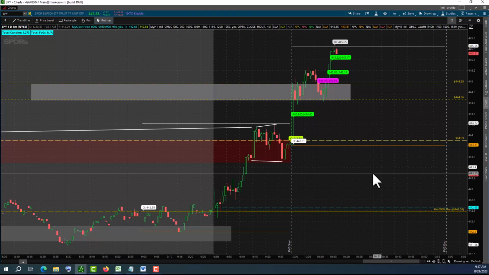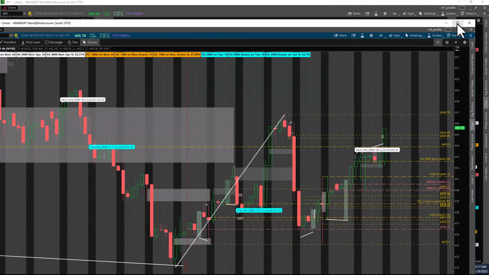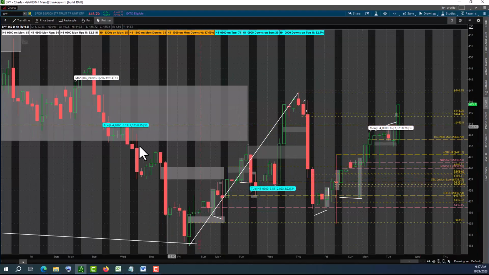Okay, look at the 4-hour time frame again. We see that there are bullish setups right there. You see the huge down move, right? Here's the down move right here. And then you see this retracement.